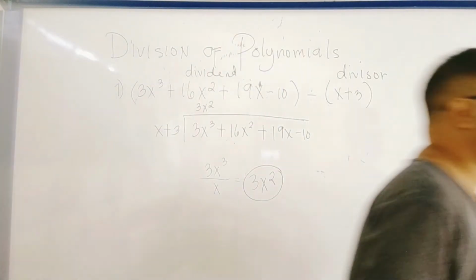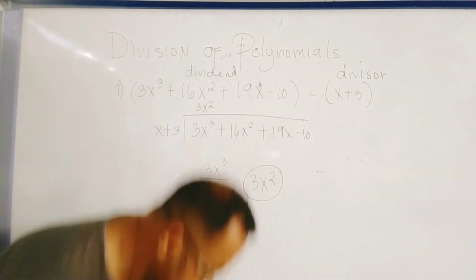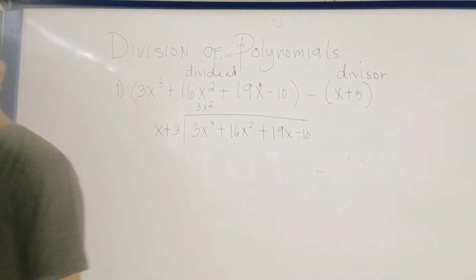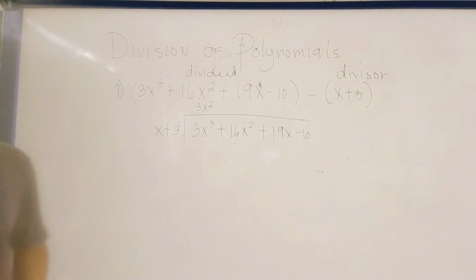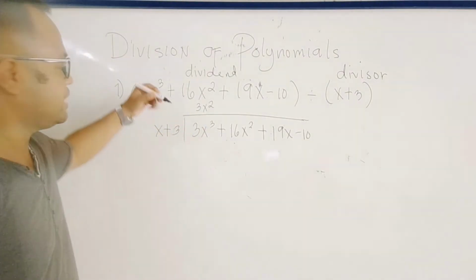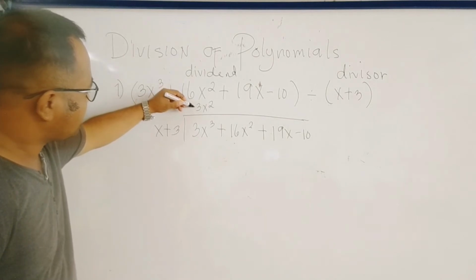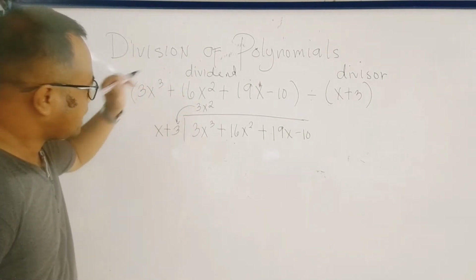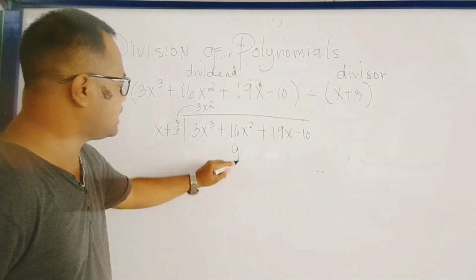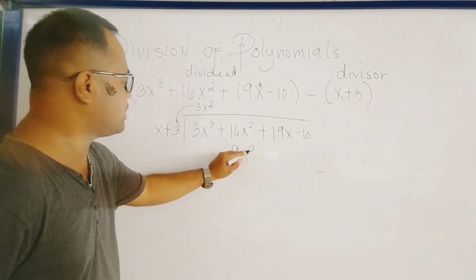After writing the answer when you divide the first term of the dividend and the divisor, you multiply. So 3 times 3 is equal to 9, so you write here 9x squared.